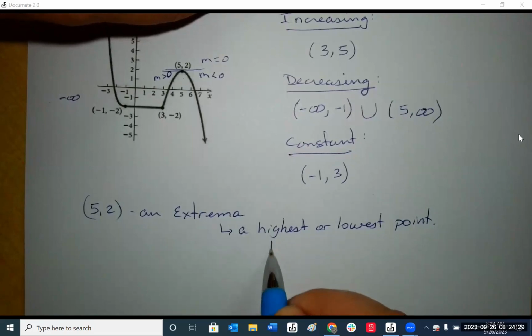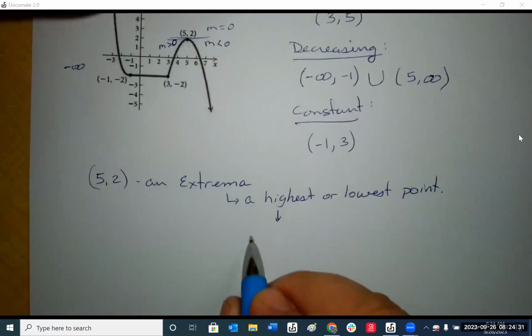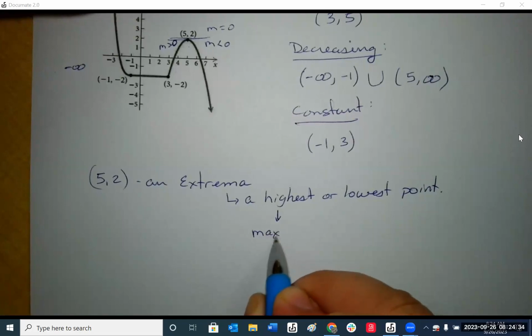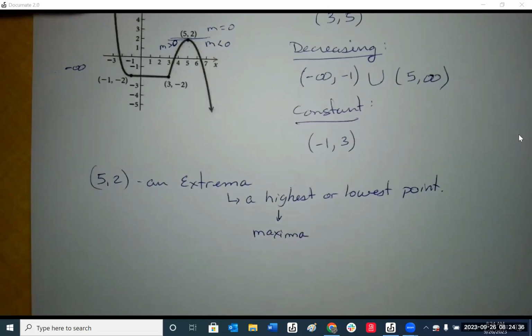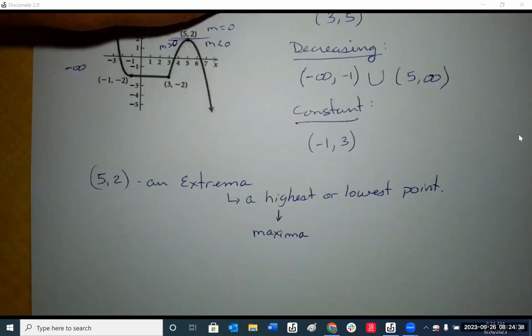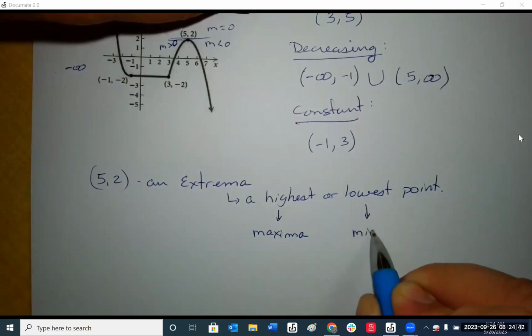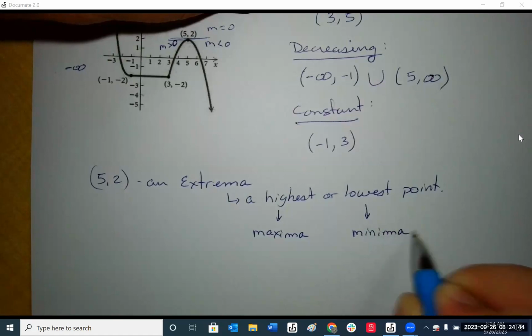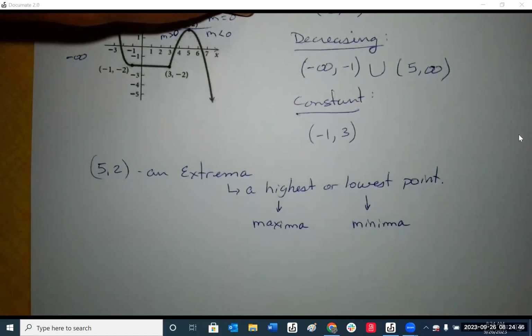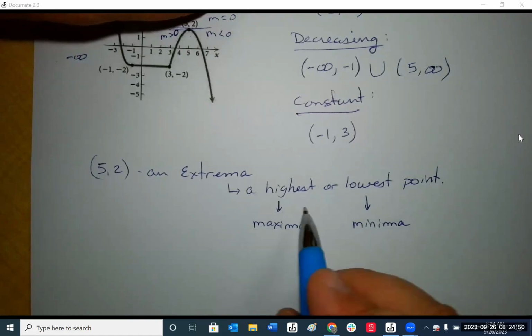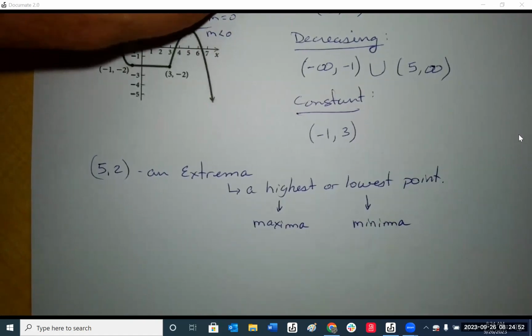If it's the highest, it's called a maxima. If it's the lowest, it's called a minima. The maximum, the minimum, highest and lowest.